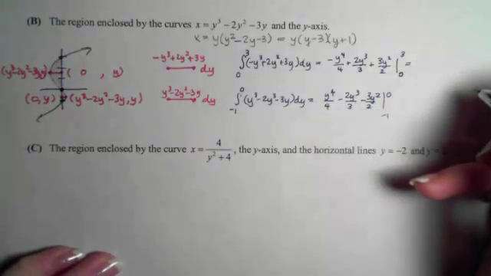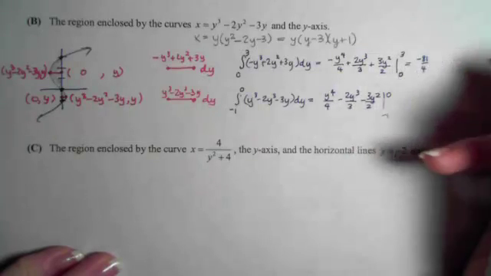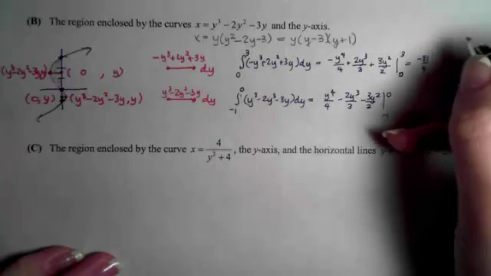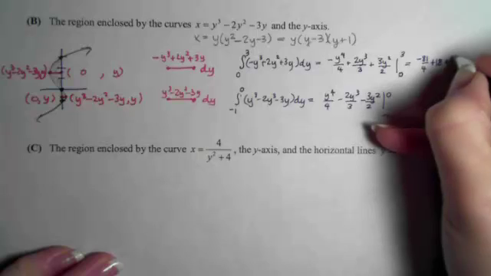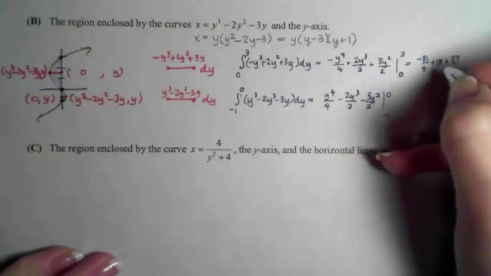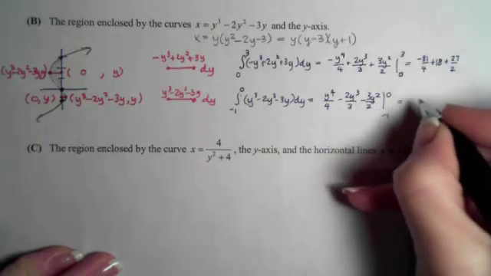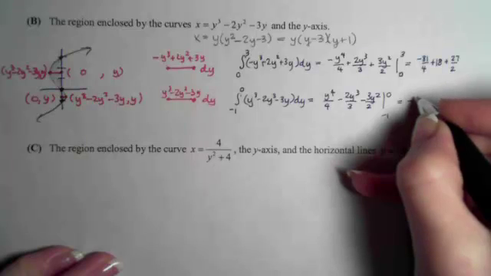So if I plug in the 3, I get -81/4 plus 18 plus 27/2, and then I have minus a 0. And then this one will give me 0 minus the thing with the -1 plugged in.